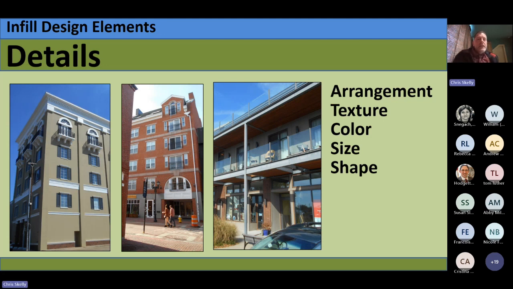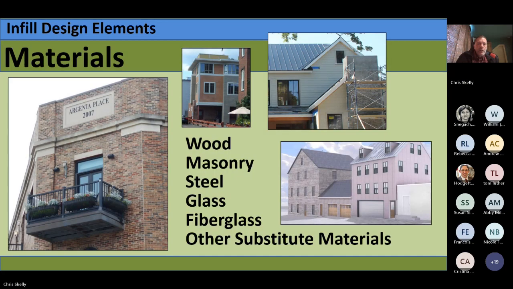The other design elements, just all the details, arrangements, the textures, the colors, the sizes, the shapes, all things like that. And then just materials as well, so related to that is all the materials that might be used on the exteriors, whether it's going to be wood, masonry, steel, glass, fiberglass, or other substitute materials.